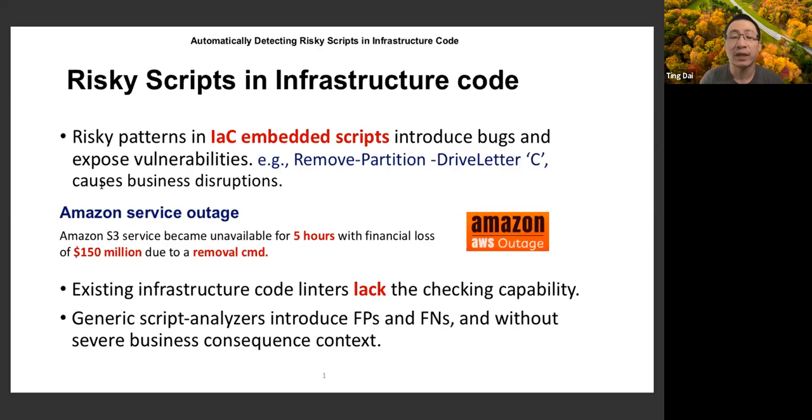Existing infrastructure linters such as ansible-lint and Puppet-lint lack the capability of checking IaC embedded scripts, while generic script analyzers such as ShellCheck and PSScriptAnalyzer support script format and syntax checking, which has brought to light the opportunity of conducting static checking over those IaC embedded scripts. However, applying those existing generic script analyzers directly on checking infrastructure code can result in both false positives and false negatives.